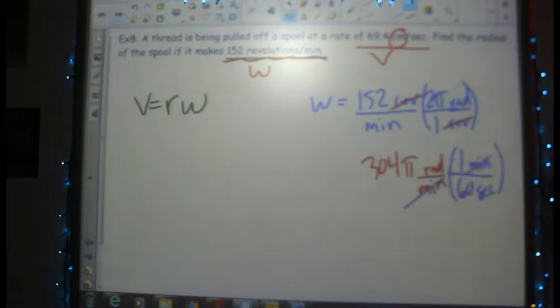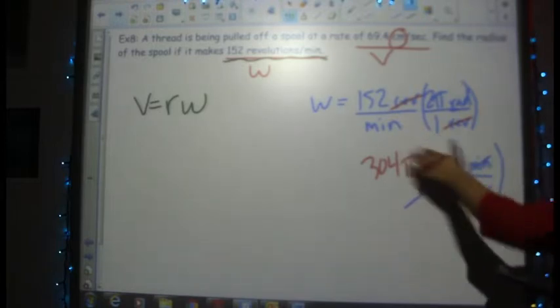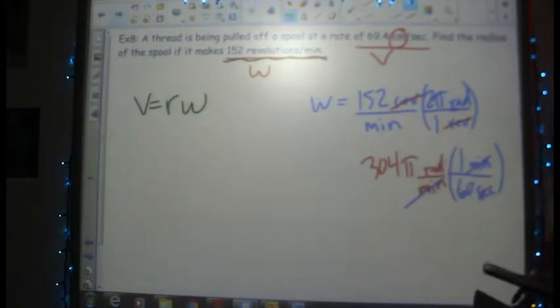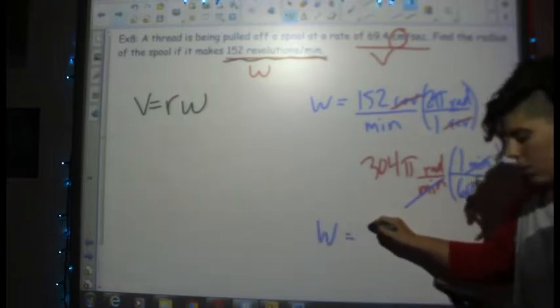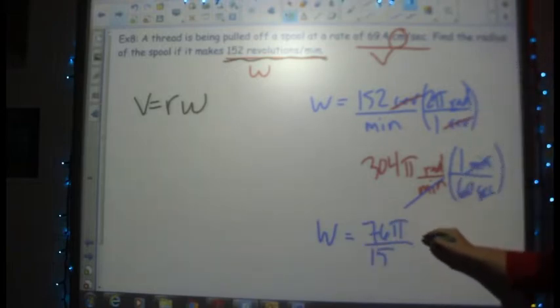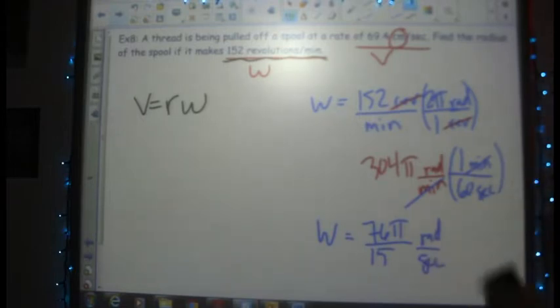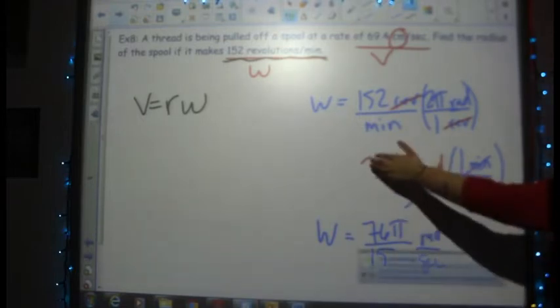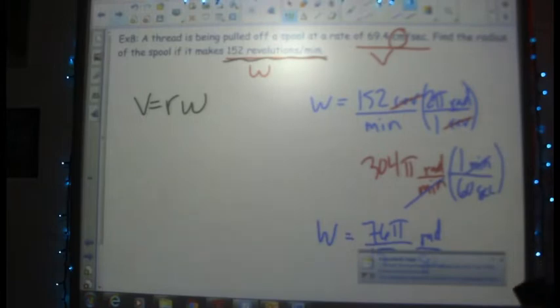Minutes cancel, so I have 304 divided by 60, which doesn't divide evenly, so I'm just going to leave it as a simplified fraction, which means that W equals 76 pi over 15, and that would be radians per second. And again, you can start by dividing by 2 if you like, no big deal.